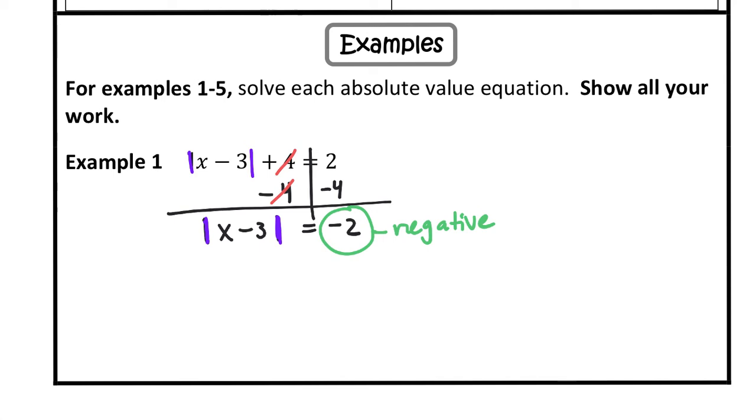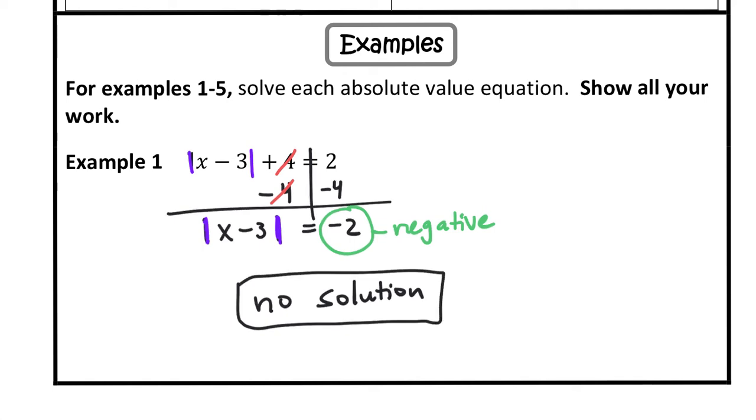And it says that if it's equal to a negative number, then there is no solution. So remember this: if I'm working on an absolute value equation and I get the absolute value by itself, but it's equal to a negative number, then I can stop right there and there's no solution.